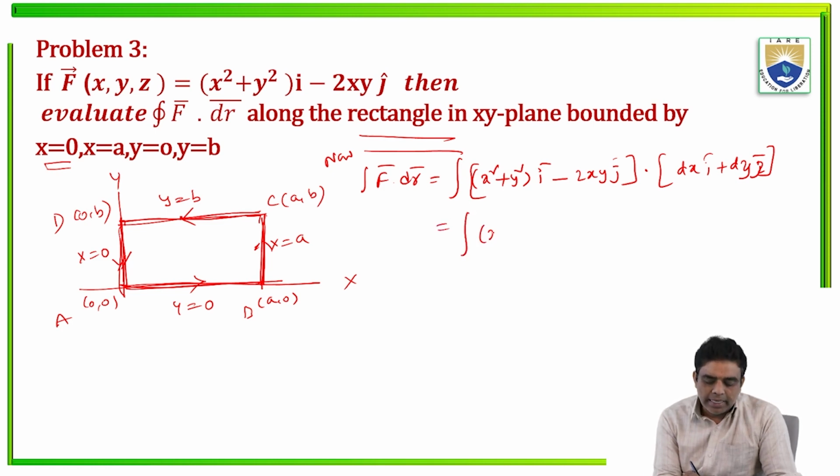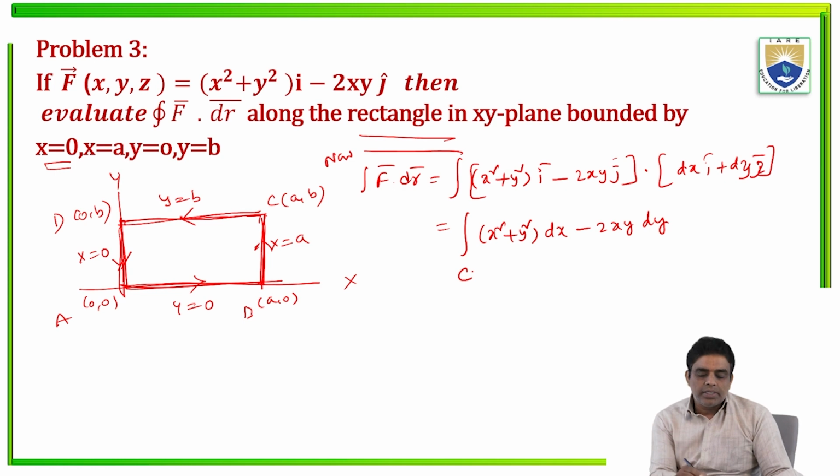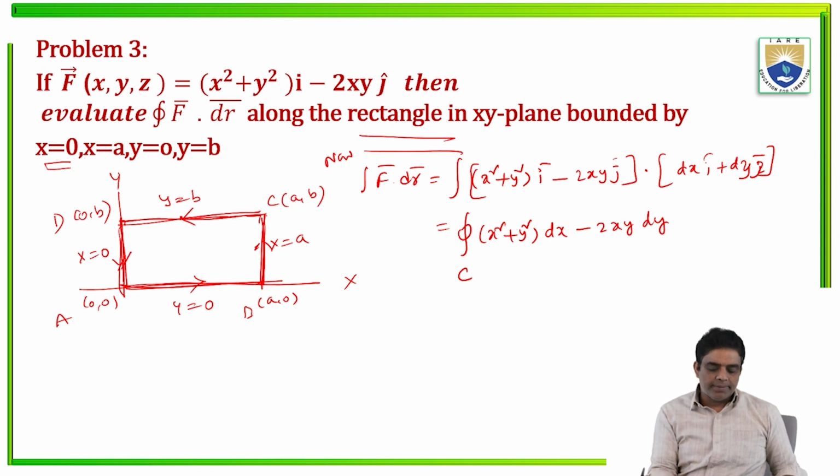So this is the integral of (x square plus y square) dx minus 2xy dy along the curve C. You can assume it is along the closed curve C also, because the rectangle is always a closed curve.